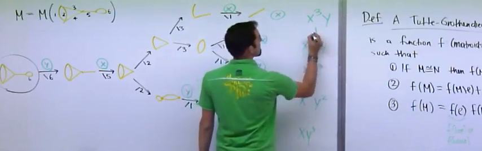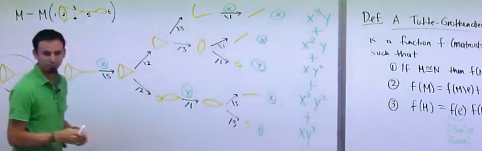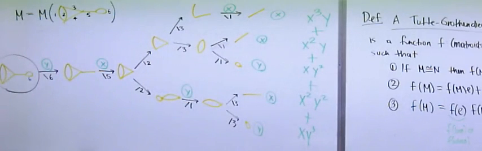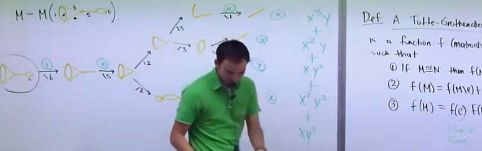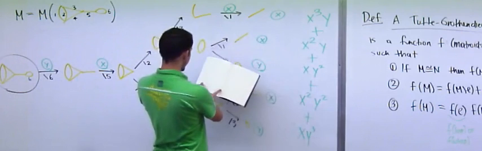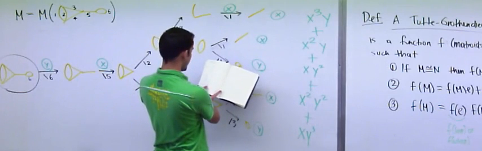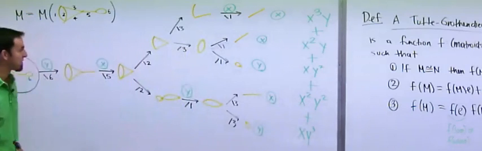So my top polynomial is this guy. It's a pretty amusing way to waste your time. Now hopefully I got the same answer. X cubed Y plus X squared Y squared plus X squared Y plus X Y squared plus X Y cubed. Same answer.